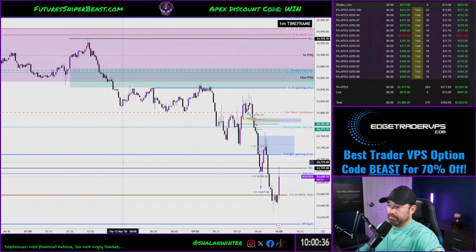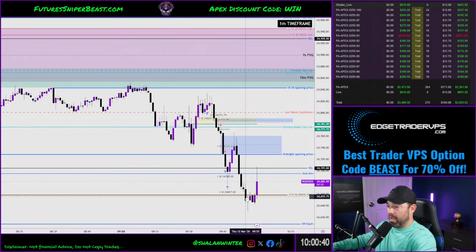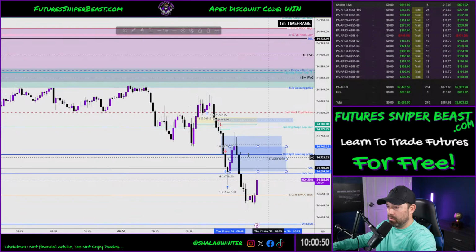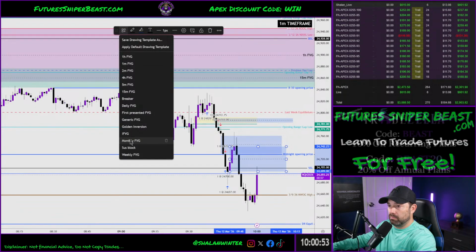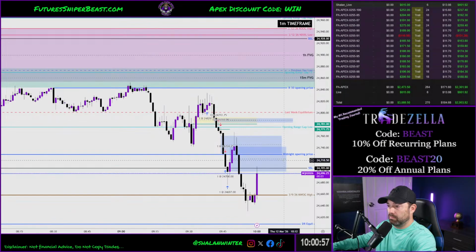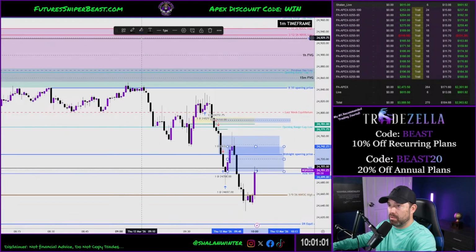And look at this. Pay attention to this, y'all. We have some imbalances here, right? We have this fair value gap, this one. But also, look right here. Look at these series of up close candles before displacing lower.